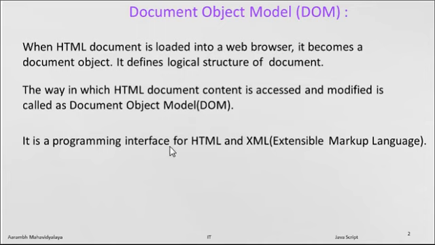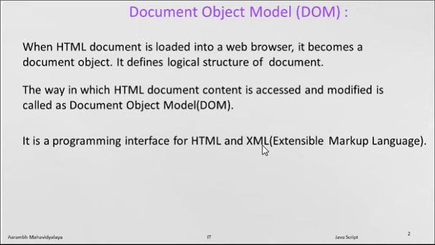It is a programming interface for HTML and XML, that is Extensible Markup Language. This XML is the advanced version of HTML. It is also used for web page designing. Got the concept of DOM?